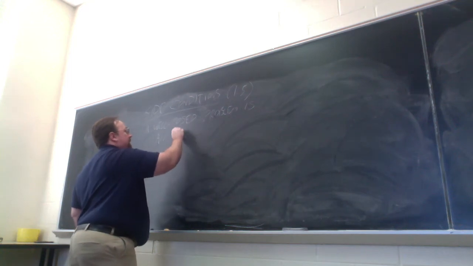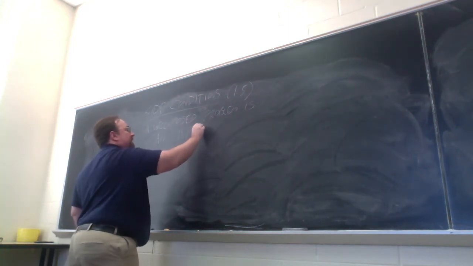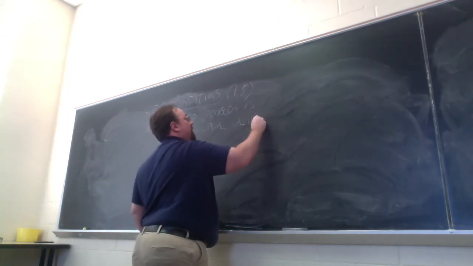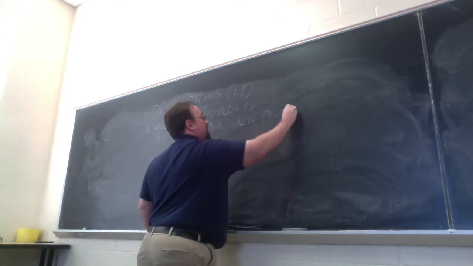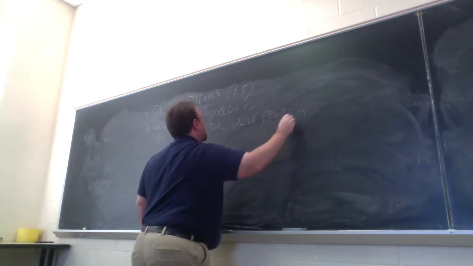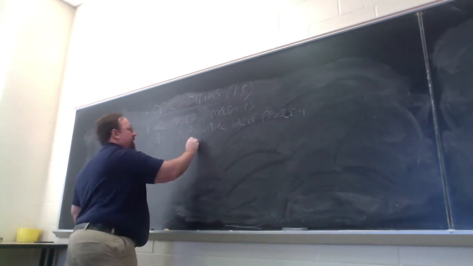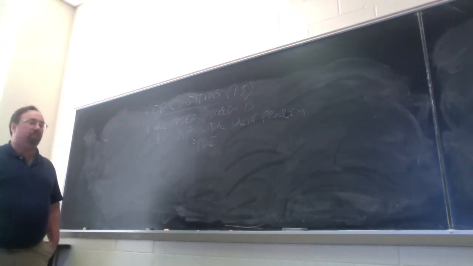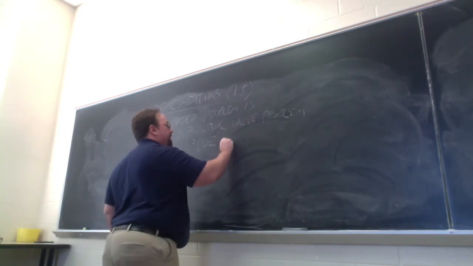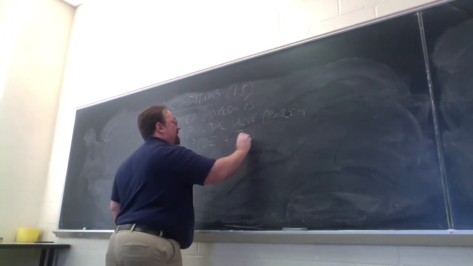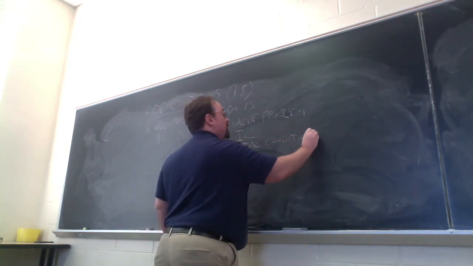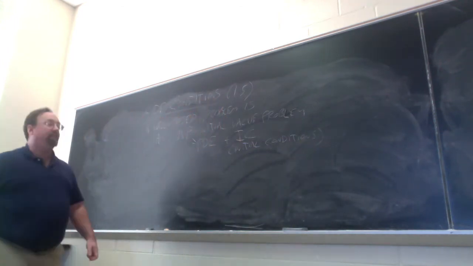You can have an IVP, an initial value problem, which includes a PDE, like ones you've been solving in the homework, along with an IC, and I'll be using these abbreviations all the time, so it's important to get used to them now. An IC is an initial condition, or it could be more than one initial condition.